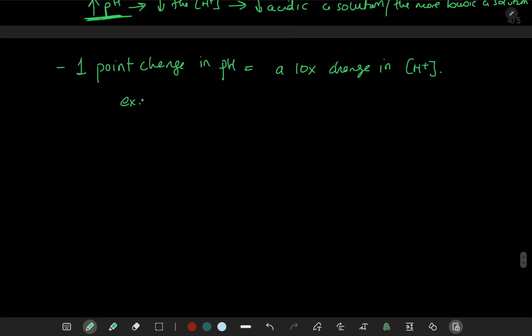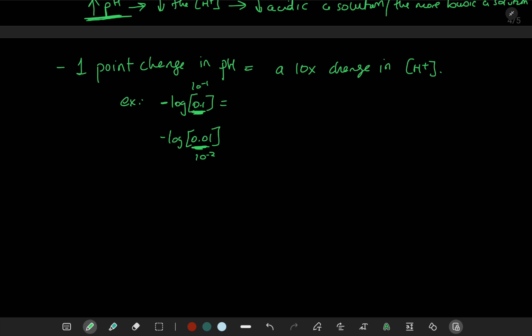Say the hydrogen ion concentration is 0.1, and we have another solution where the hydrogen ion concentration is 0.01. The first solution is 10 to the negative 1 power, versus the second, which is 10 to the negative 2 power. That's a 10-times difference between the two. This is 10 times more concentrated than that solution, or that solution is 10 times less concentrated. So the difference here is a 10x difference in hydrogen ion concentration.